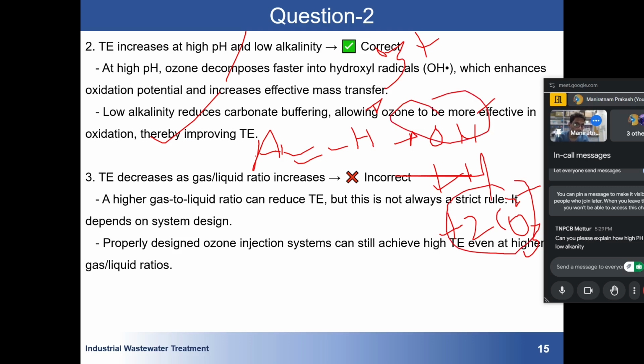So overall, carbonate is what participates mostly in alkalinity. When we are talking in this sense, we are just neglecting the effect of OH minus. Got it? OH minus is there. I hope this is clear. So we will move forward.